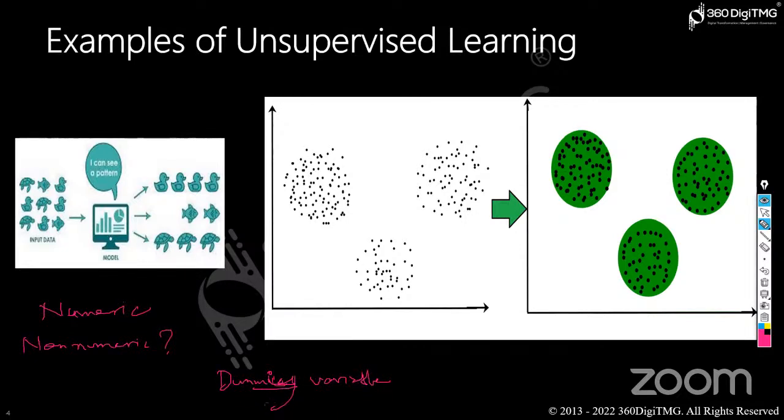This dummy variable concept allows the non-numeric data to be converted to numeric format. That is the logic where we are trying to convert non-numeric data to numeric format.